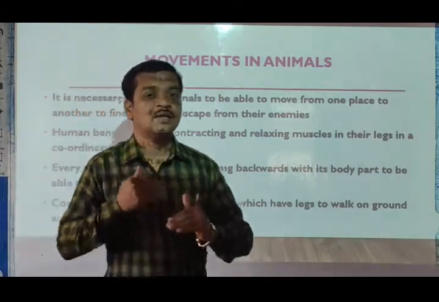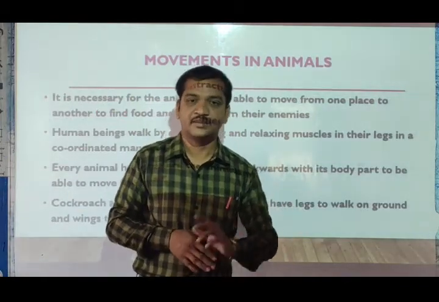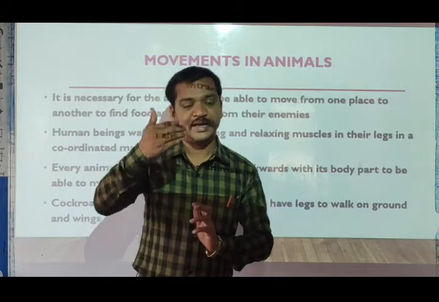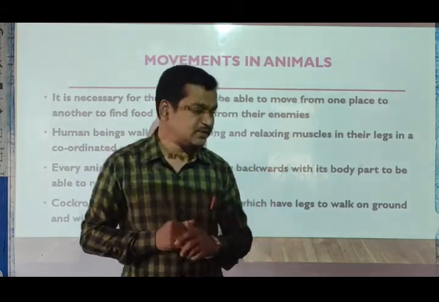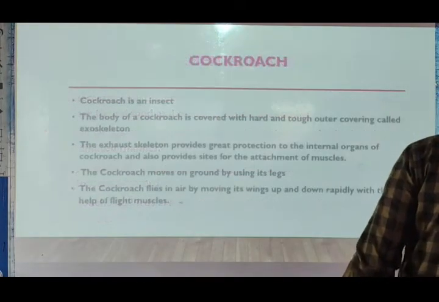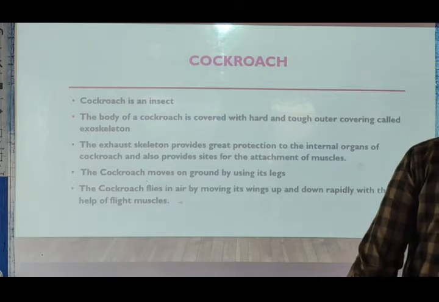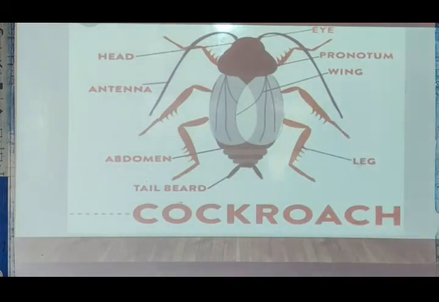So now we will learn briefly about the cockroach and birds, their characteristics and how they move. So the first example we will take here is the cockroach. Do you know the cockroach, students? See, this is the figure of a cockroach.